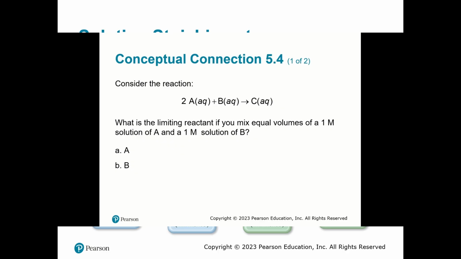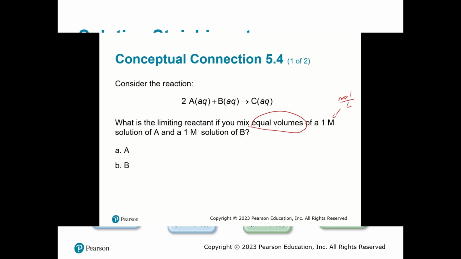Here this problem is asking a very easy question: what is the limiting reactant if you mix equal volumes of a 1 molar solution of A, so moles per liter, and a 1 molar solution of B? When you see a capital M, this is molarity, moles per liter.